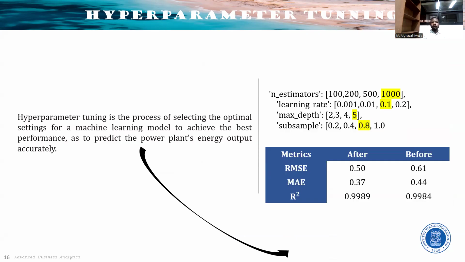To optimize the model, we need to adjust or set some parameters. It's about optimization settings in order to give a more optimized response. We have something called hyperparameter tuning, which is the process of selecting the optimal settings for a machine learning model to achieve the best performance.